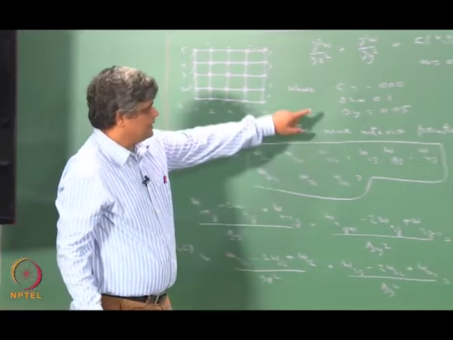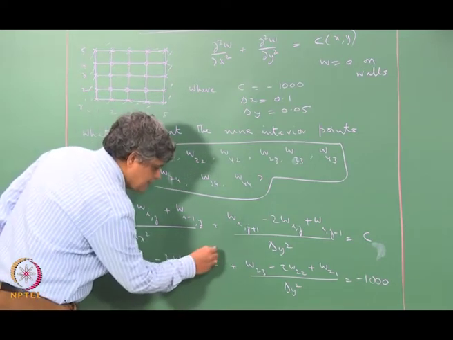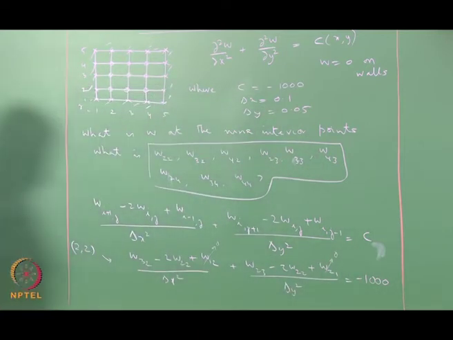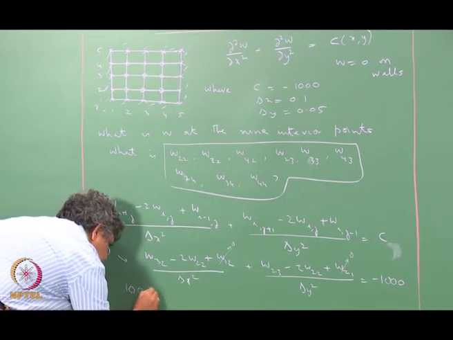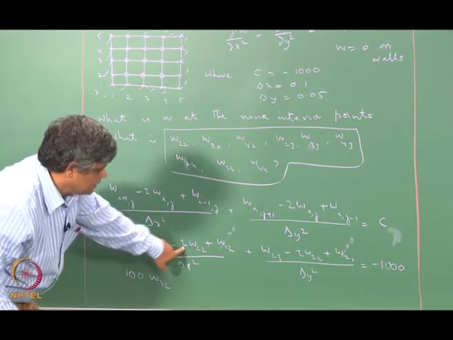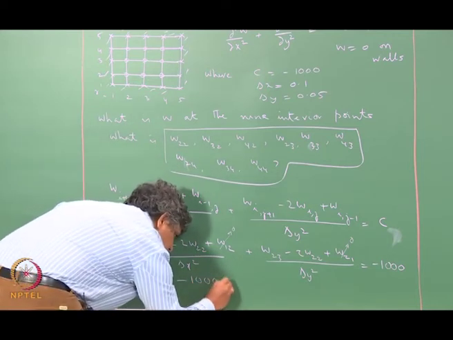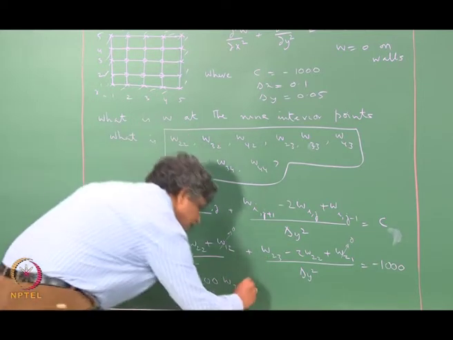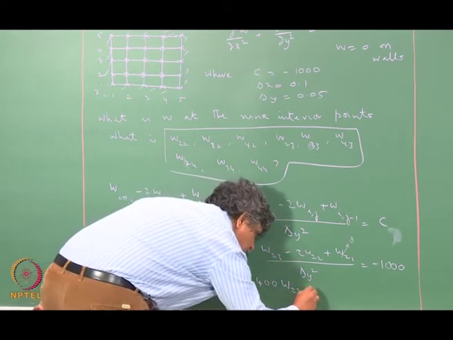And we know that delta x is this and delta y is this, and we also know that this is 0 and this is 0, so that we can write this as 100 W32, we have minus 200 and minus 800, that gives us minus 1000 W22, and then we have plus 400 W23 equal to minus 1000.